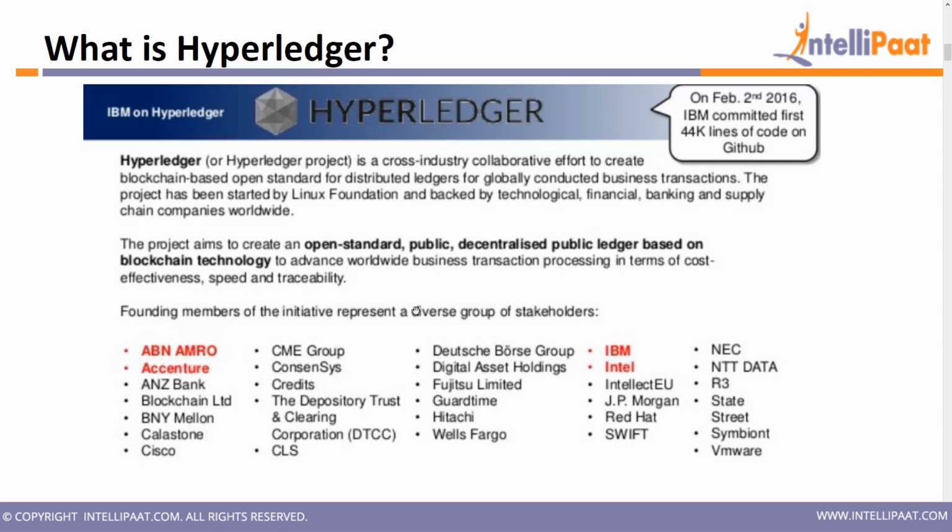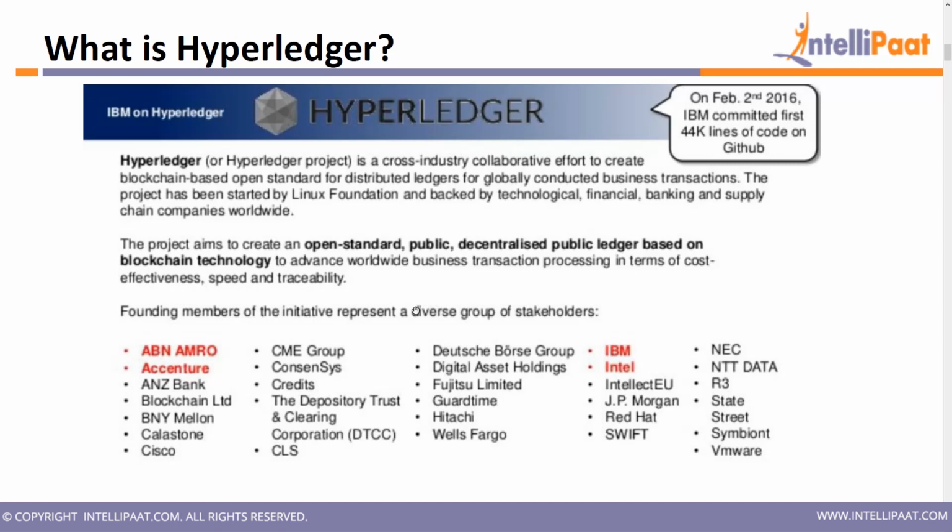The Hyperledger project is a cross-industry collaborative effort to create a blockchain-based open standard for distributed ledgers for globally conducted business transactions. The project has been started by the Linux Foundation and backed by technological, financial, banking, and supply chain companies worldwide.